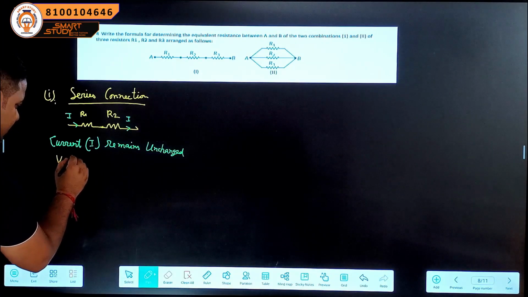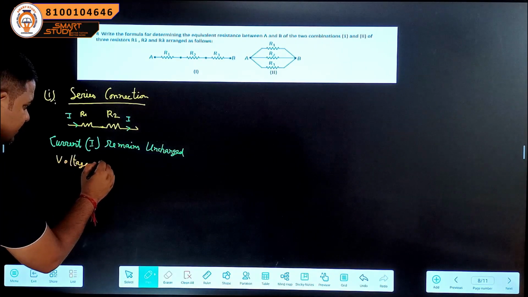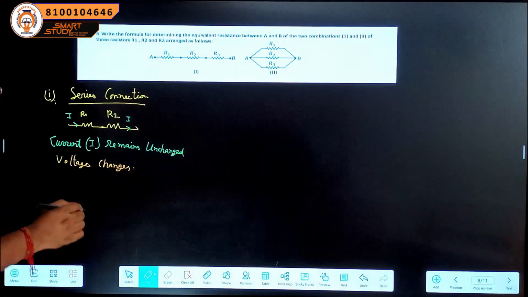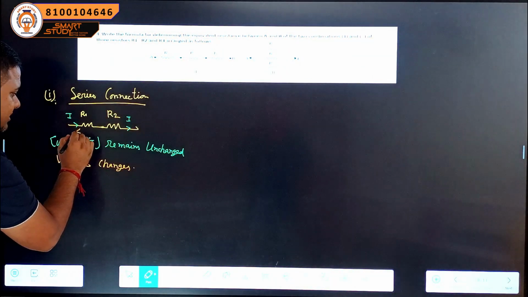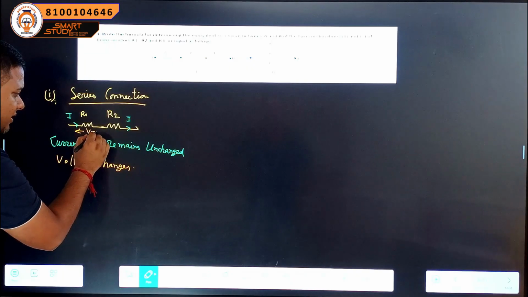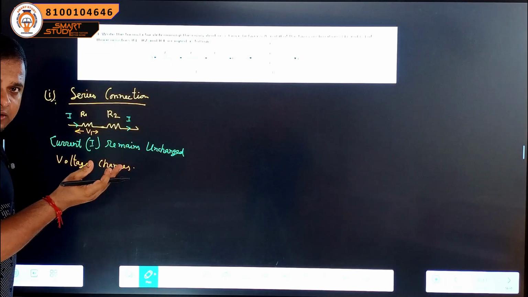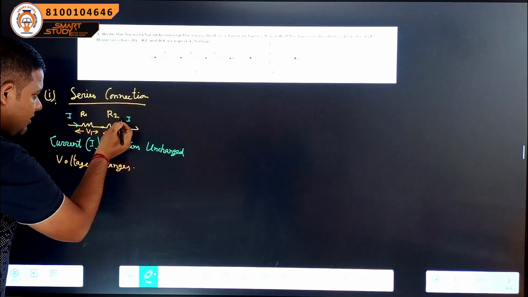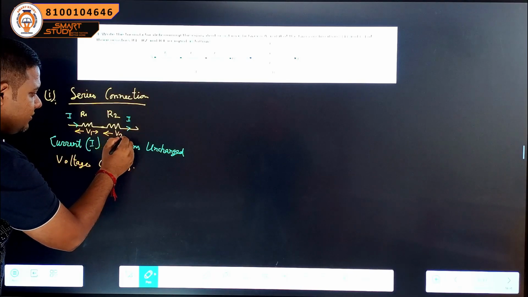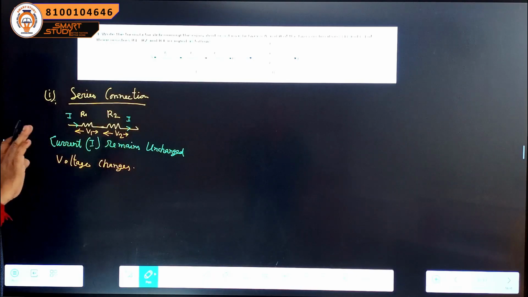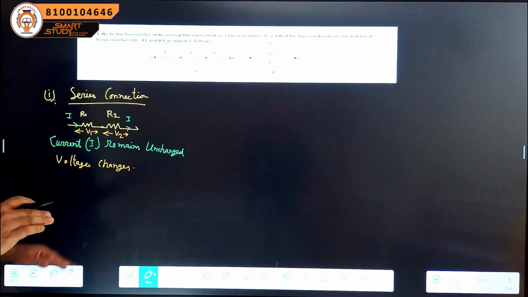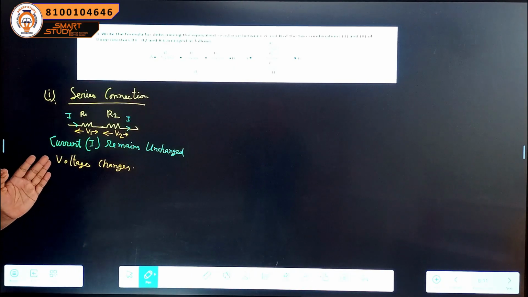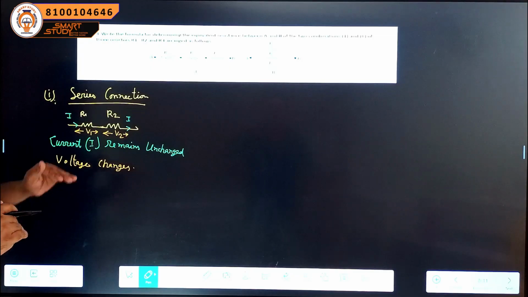Voltage changes in series connection. That means across R1 the voltage is V1, and across R2 the voltage is V2. This is the main fundamental of the series connection.